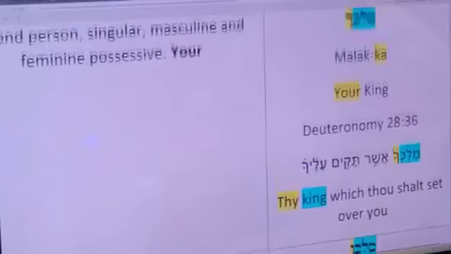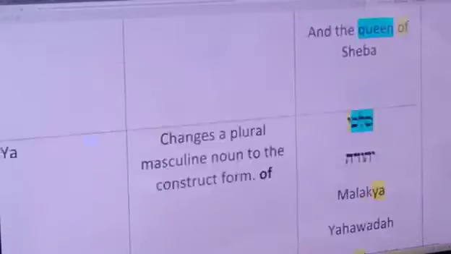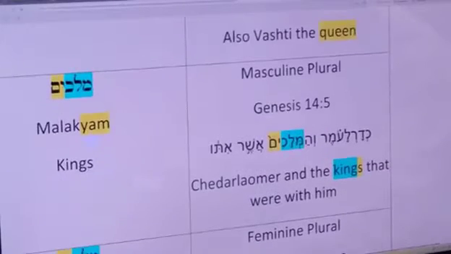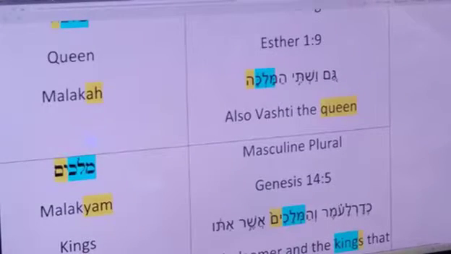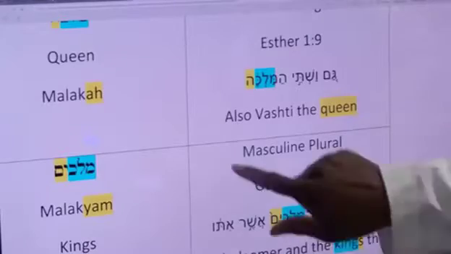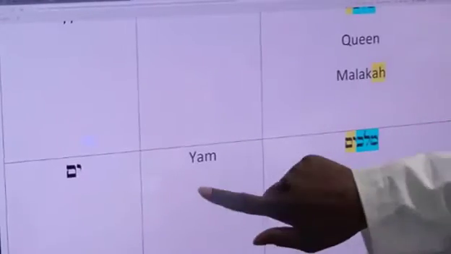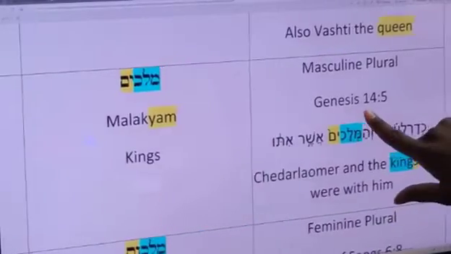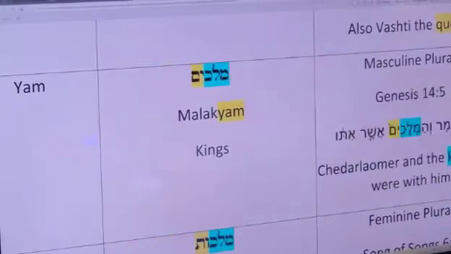We go to the top of the document, where we're dealing with gender and number suffixes, and you see yum denoting masculine plurality. Here we see the suffix yum, which when suffixed to the end of a word changes it from a masculine singular to a masculine plural.